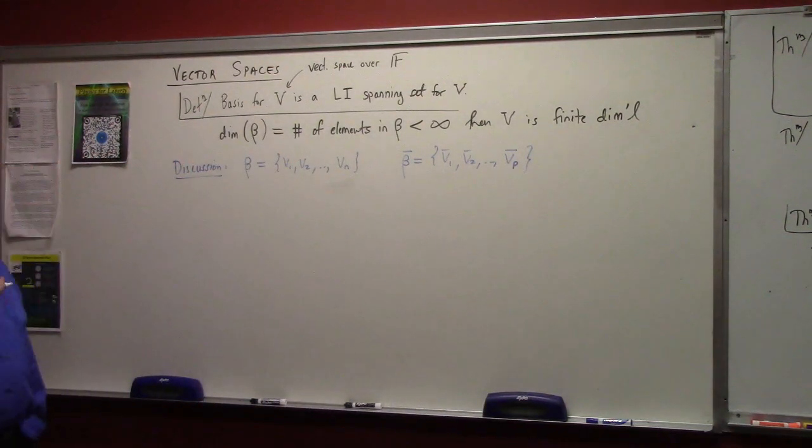And suppose that these are both bases for a given finite dimensional vector space. I would like to prove for you that n has to be equal to p.